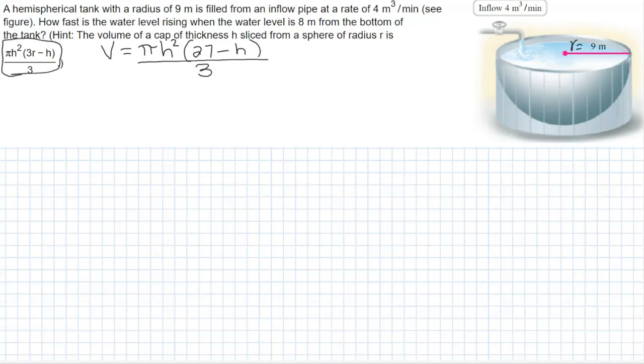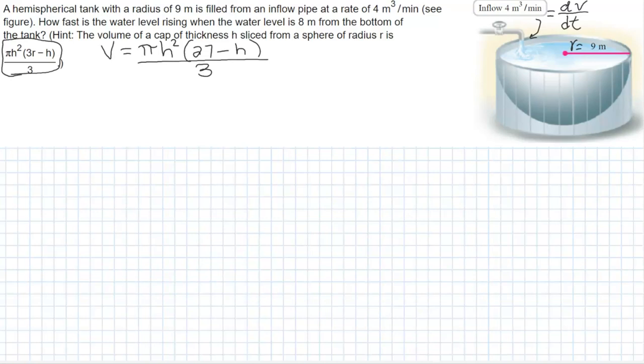Now the question also mentions the inflow, which is the rate at which the water is entering. When the water comes in, what's changing? This right here, meter cubed per minute: cubic units denote volume. So this is the rate at which the volume is changing, and minute is with respect to time. So the 4 meters cubed per minute is dV/dt.